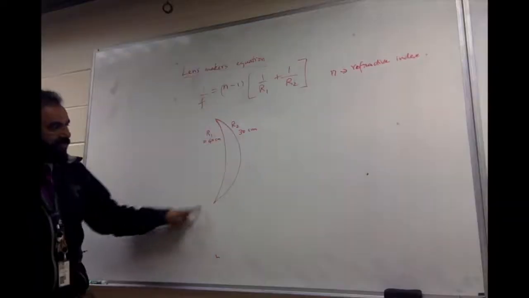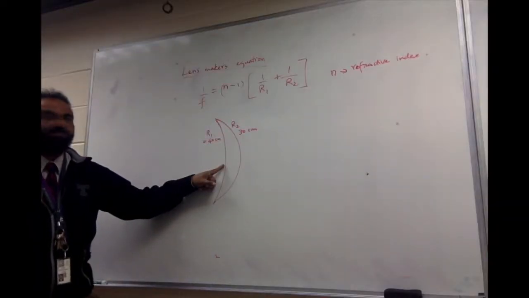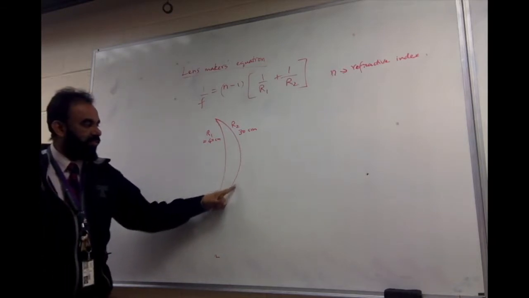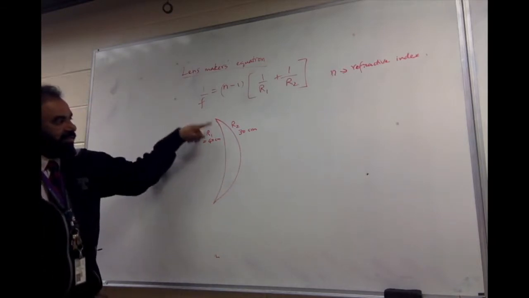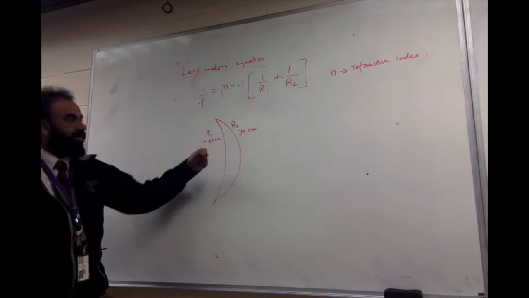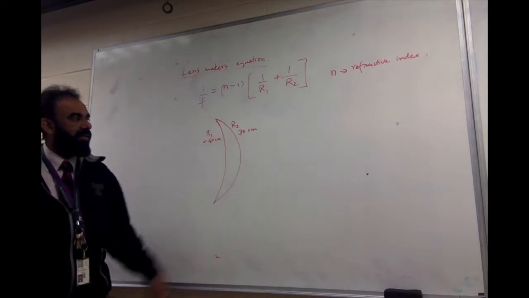Radius of curvature is basically the radius of the sphere that is formed from this surface, and the radius of the sphere that's formed from this surface. So R1 is 40 and R2 is 30.